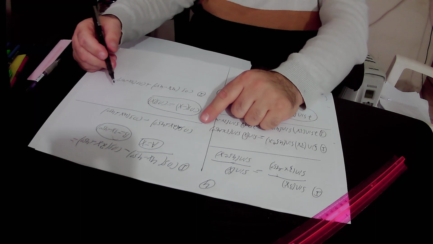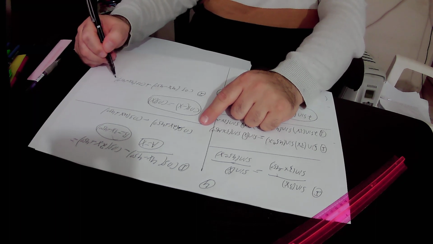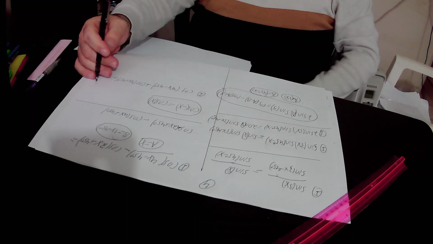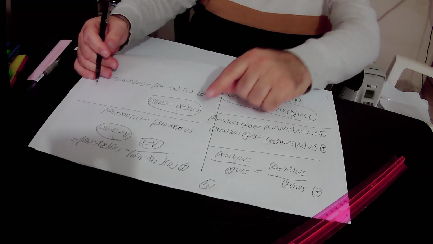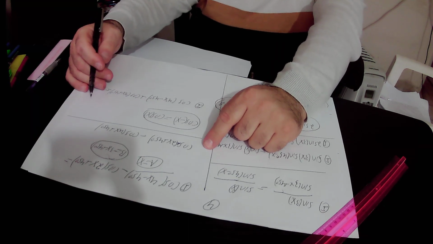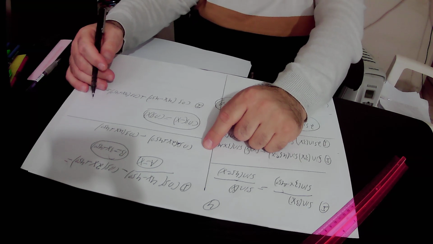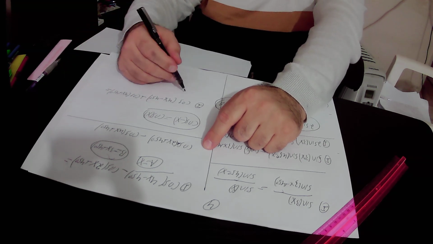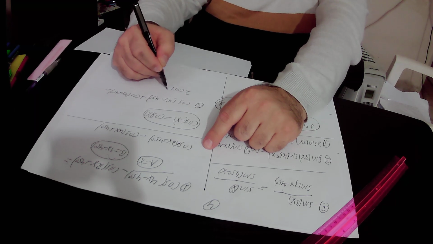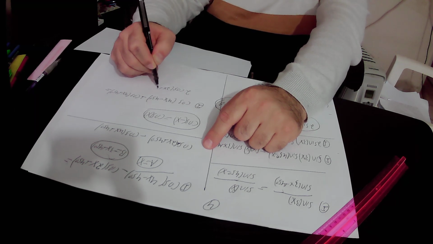And here we have minus cosine 2x plus 45 degrees. So we will add to this equation number 1, cosine 2x plus 45 degrees, and cosine 2x plus 45 degrees plus cosine 2x plus 45 degrees will be equal to 2 cosine 2x plus 45 degrees.